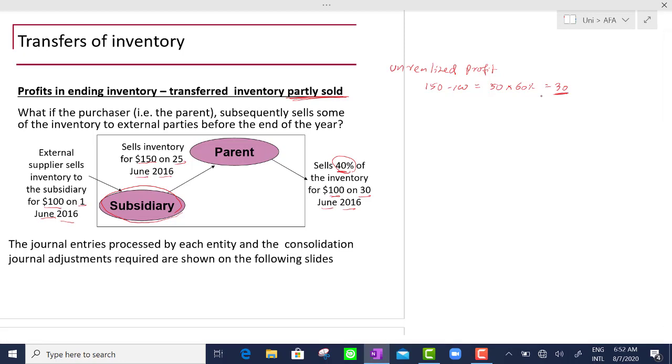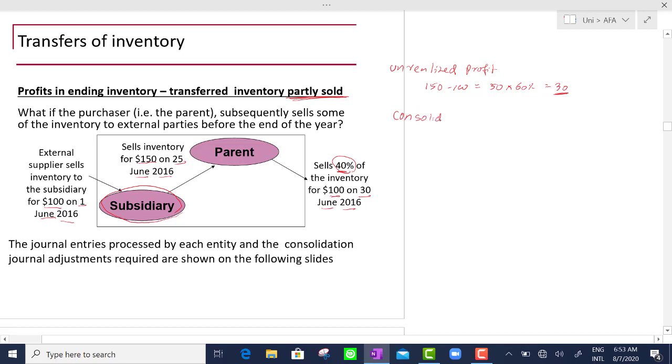So let's see how to adjust for this unrealized profit and intercompany sales in the consolidated financial statements in 2016. Let me write it here.